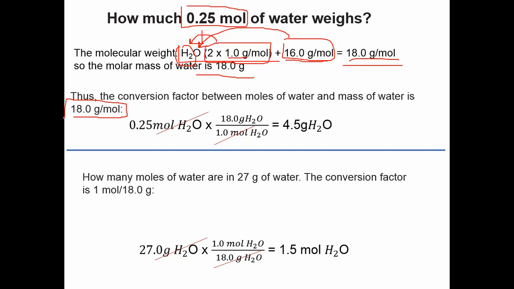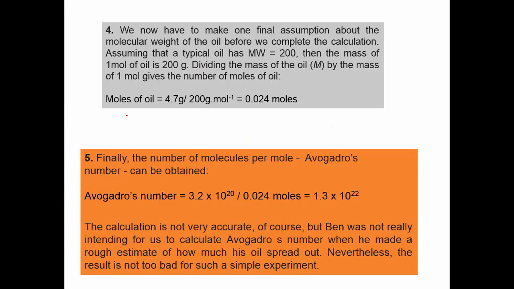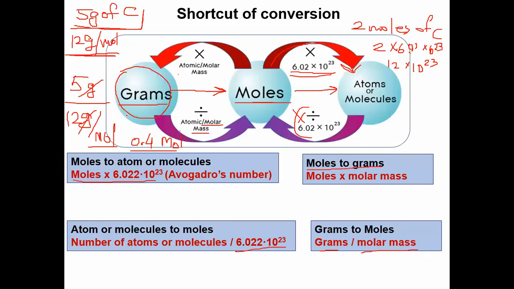So now we know the molar weight of water. If we go back, look, we know moles, right? And we know molar mass, and we need to find grams, right?